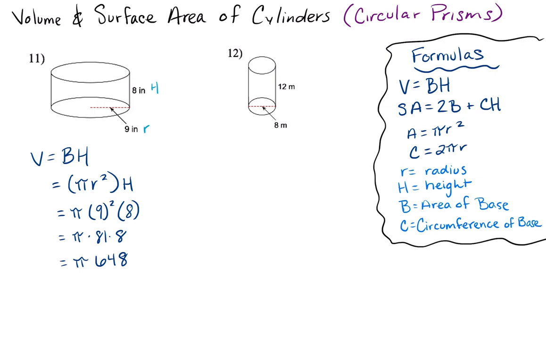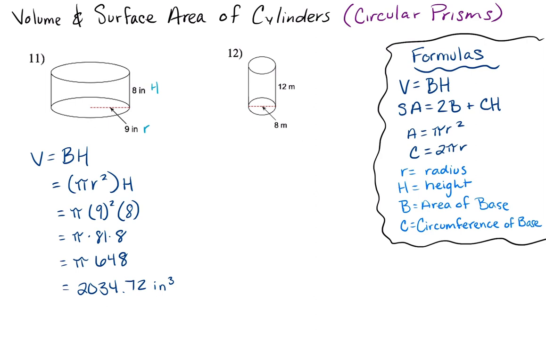And then I'm going to go ahead and use 3.14 for pi to get an estimated value of 2,034.72 inches cubed for the volume. I am rounding a little bit with estimating using 3.14. If you have a more advanced calculator, you can always use the pi symbol if you want a more exact solution.